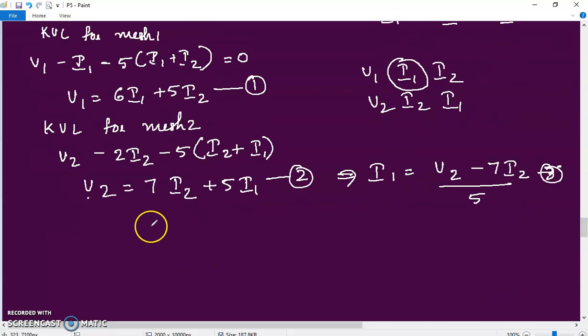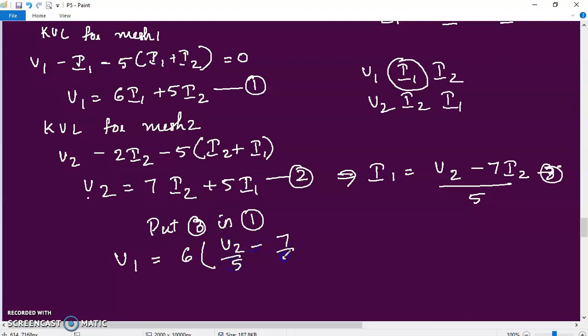Now put 3 in equation 1. That is V1 is equal to 6 into I1, V2 by 5 minus 7 by 5 I2, plus 5 I2.